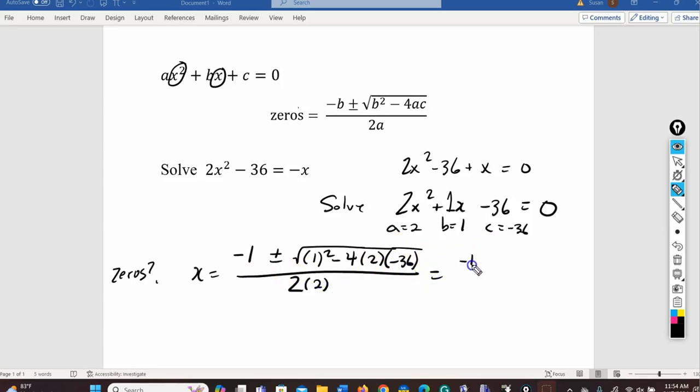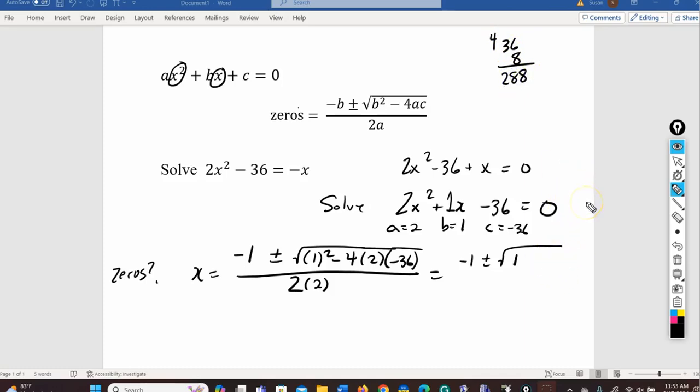So I'm going to have negative 1 plus or minus the square root of 1 minus 4 times 2 times negative 36. Well, these two negative signs cancel. 4 times 2 is 8, and 36 times 8 is 8 times 3 is 24, and 4 more is 28.